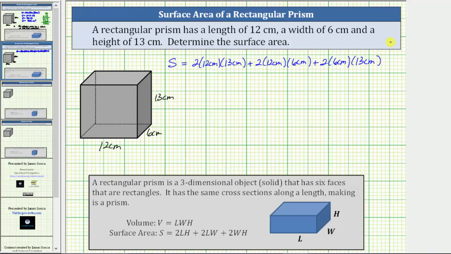Notice how I did leave the units on the length, width, and height.